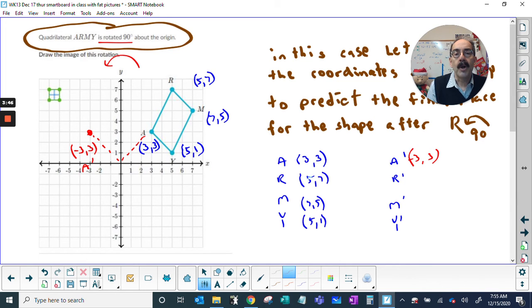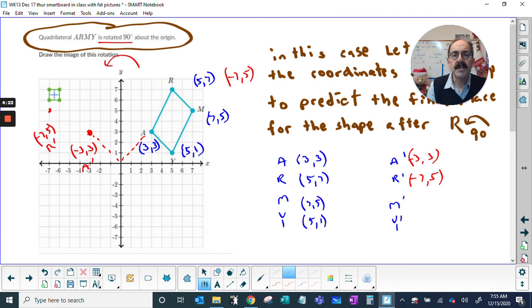Now let's look at R. This R has to go way out here, but I'll bet you negative 7, 5. We flip it. And because the coordinate changes as we go to this quadrant here, it'll be negative 7, positive 5, and that's going to be R prime.